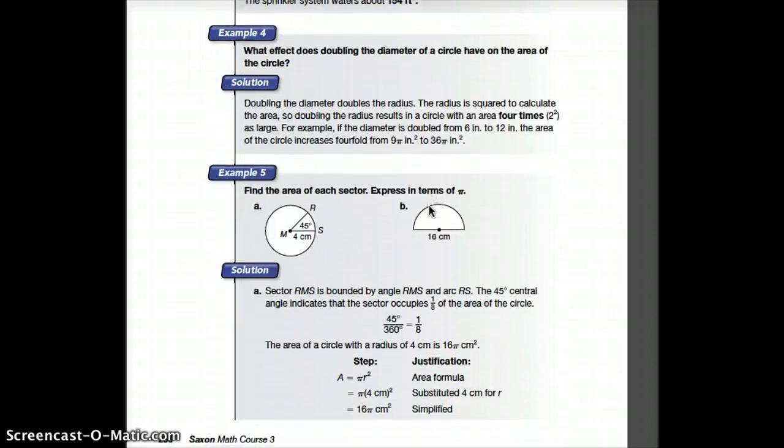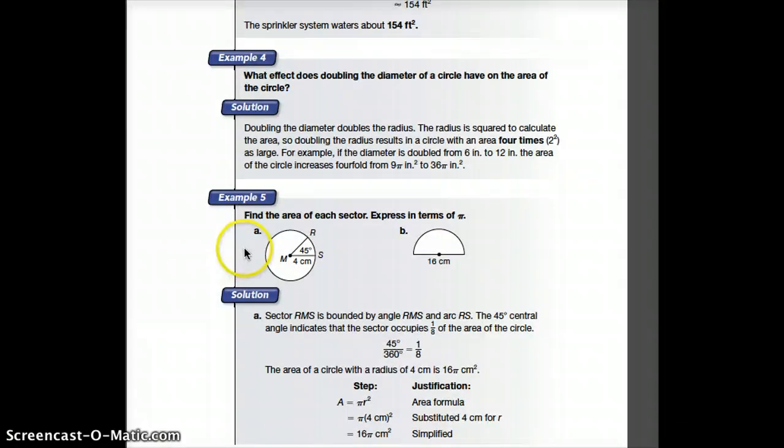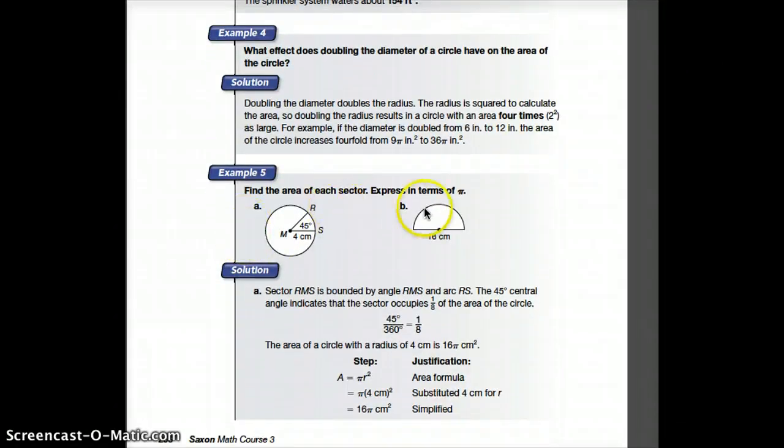Okay. All right. Last example. Find the area of each sector. We have expressed in terms of pi. So A, it's a 45-degree angle. The radius is 4. Notice what happens here. The 45-degree angle, now all the way around is 360. So that's why we put 45 over the whole total.